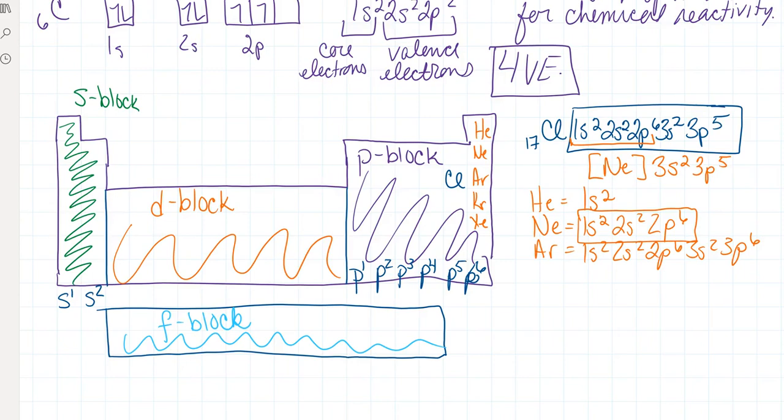And so when we take a look at the main group elements, our s block and p block, our rules are very straightforward when it comes to determining our electron configurations.